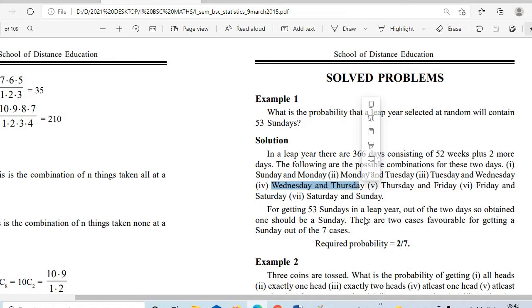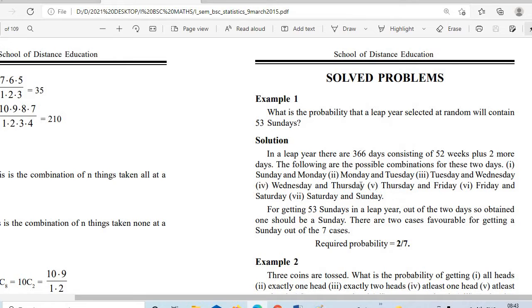For example, in case 1 we have Sunday, and in case 7 we have Sunday, and in all other cases we don't have Sunday.